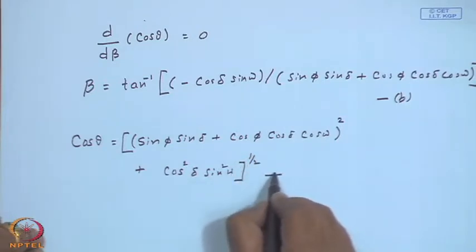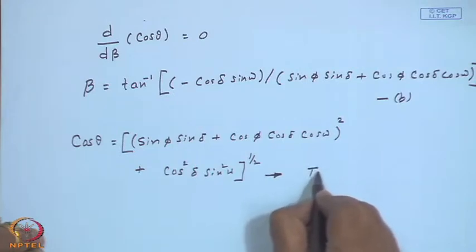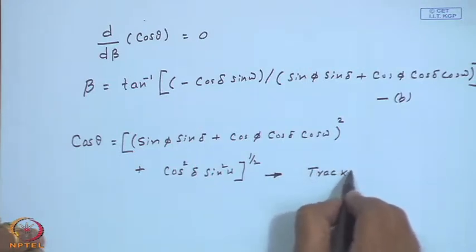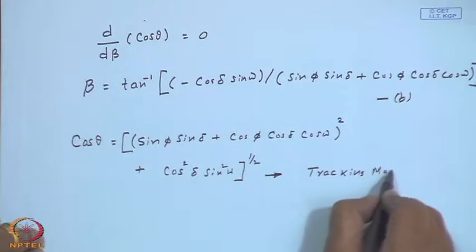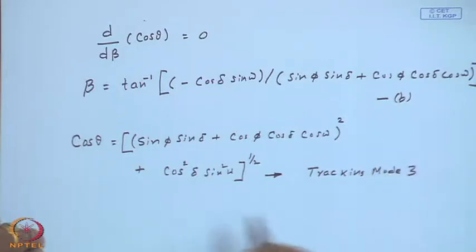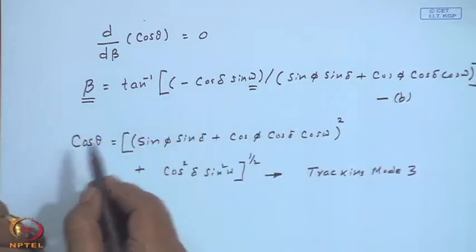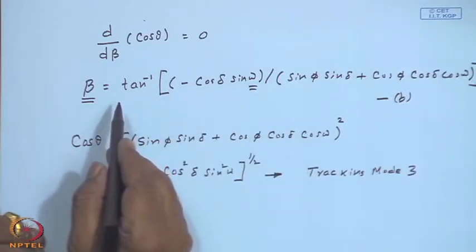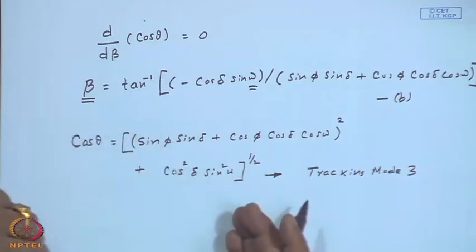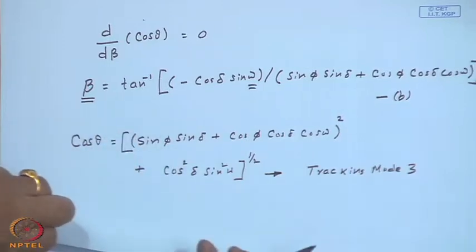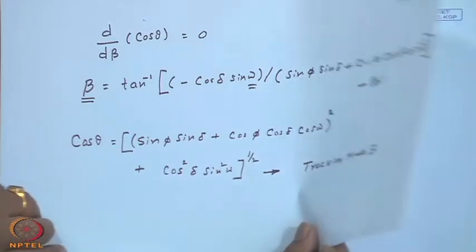So, this is the angle of incidence for tracking mode 3. Tracking mode 3, recall, is a horizontal north south axis turned from east to west to minimize the angle of incidence, for which we get the condition that beta at any instance, as given by omega, is governed by this, and then you can have a similar exercise putting gamma equal to 0, and you will get a cosine theta angle similar.